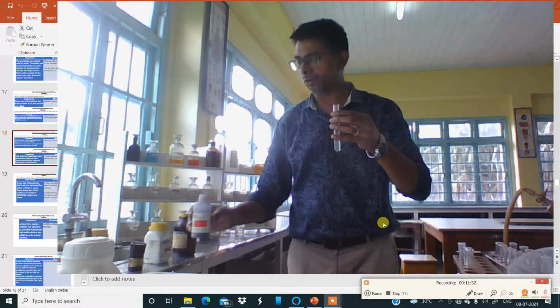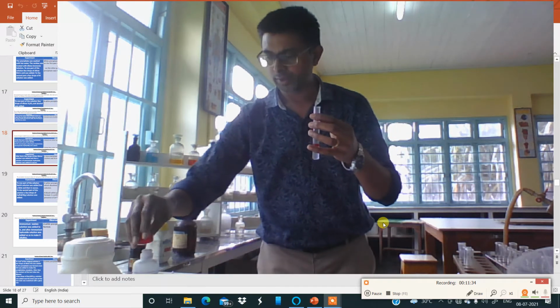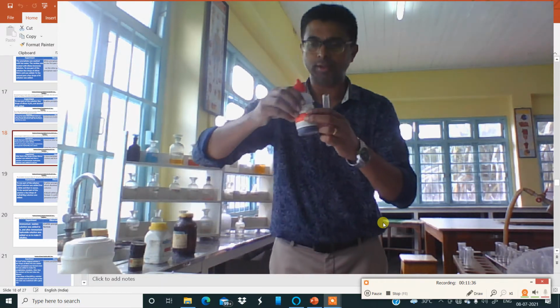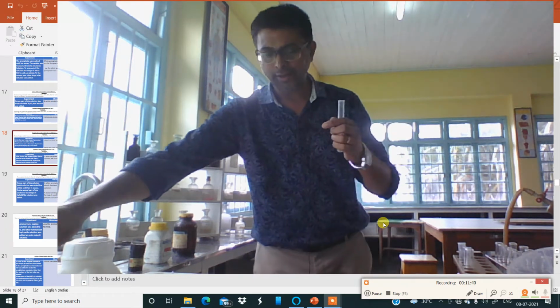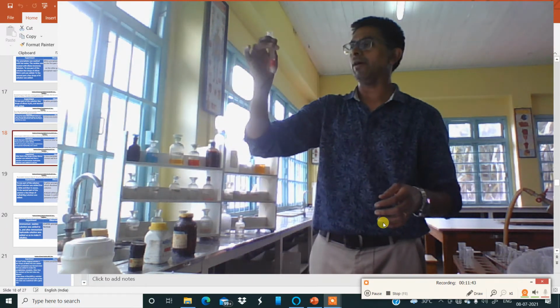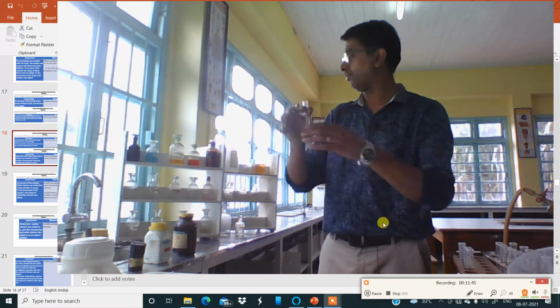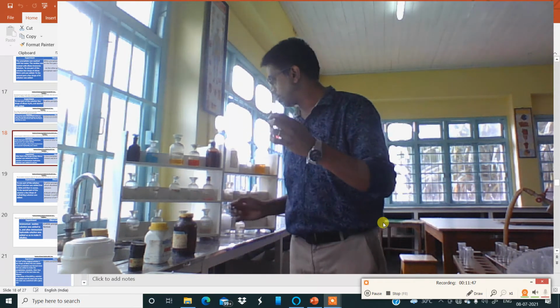I have added few drops of blue litmus solution in this solution mixture. And then now to this I will add excess of ammonium hydroxide.